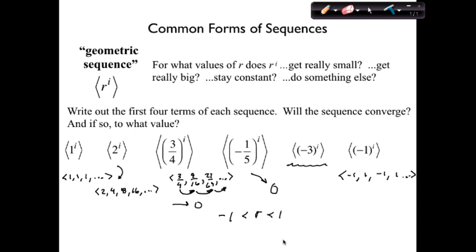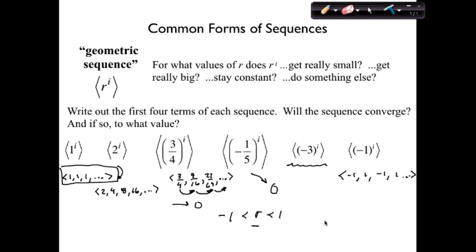If you always multiply and get some portion of what you had before, meaning r is a fraction between -1 and 1, then you'll keep taking a fraction of it and keep reducing it. And that will get very, very close to 0. Now there's another trivial case. That's when r equals 1. But that's just kind of trivial, right? They just get all 1s. So when r is 1, it converges to 1, trivial case. When r is between -1 and 1, we get convergence to 0. Any other r value, it spirals out, either out to positive infinity or positive and negative infinity.